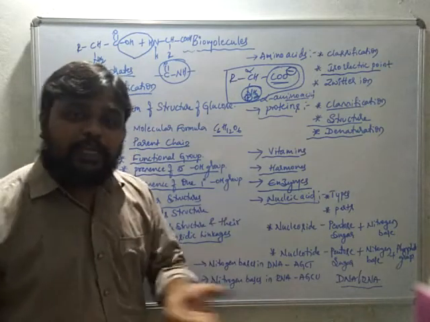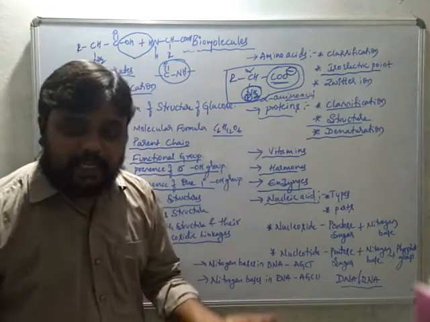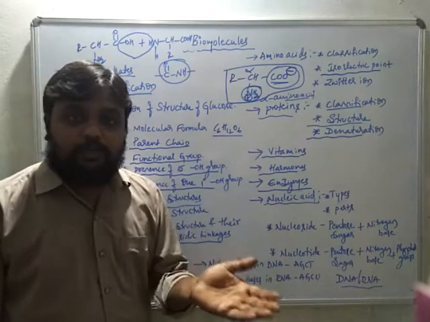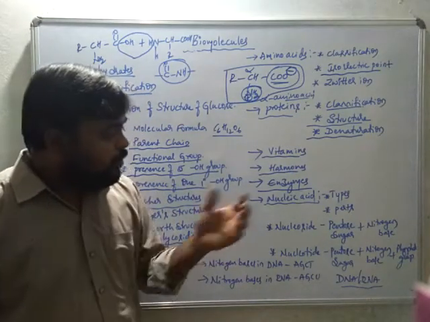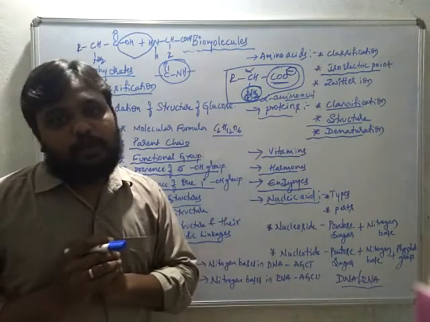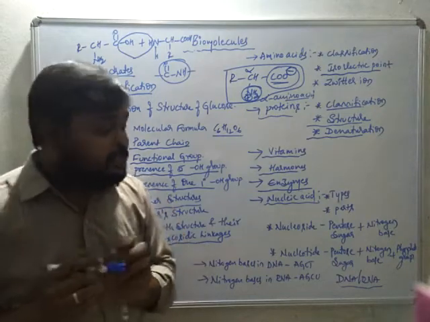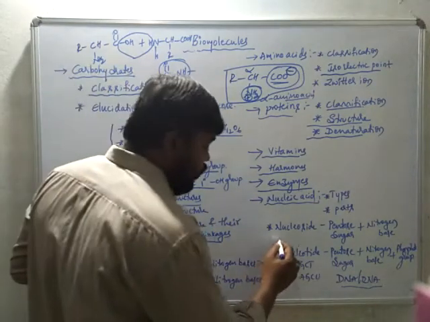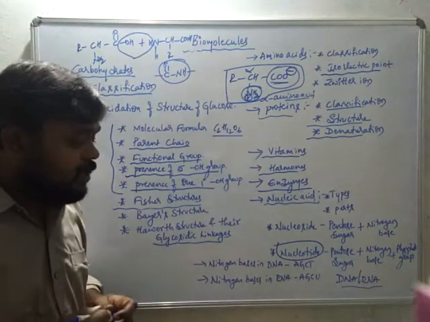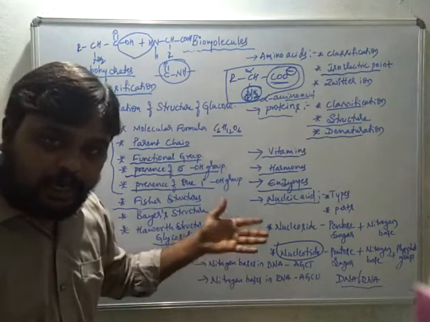There are two types of nucleic acids: DNA, deoxyribose nucleic acid, and RNA, ribose nucleic acid. A nucleic acid is a polymeric chain. The monomer unit present in the nucleic acid is the nucleotide, and upon polymerization of these nucleotides you get a nucleic acid.